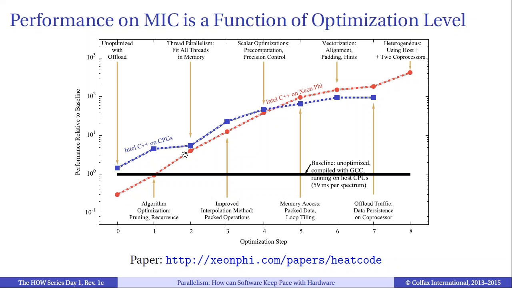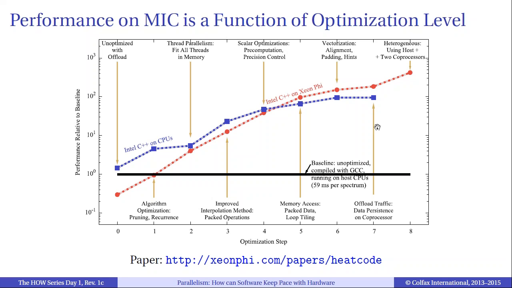So we are making the algorithm closer to hardware. We adapted so that it can use all threads that are available, so that the memory access pattern is favorable, so that we are doing meaningful things inside of every vector lane, optimizing memory access pattern, optimizing offload traffic, and as we do that, performance on Xeon Phi keeps growing.